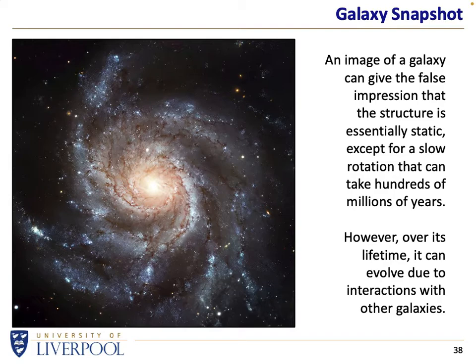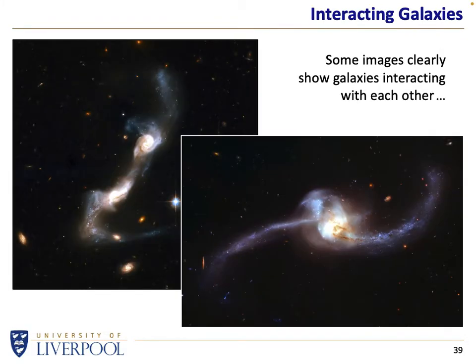The timescales are all wrong. If it takes that galaxy 100 million years to rotate once, if we were to sit and watch it for 100 million years, we probably wouldn't learn much other than that's how long it takes to rotate once. We have to resort again to simulations to tell us how we would expect these things to behave.